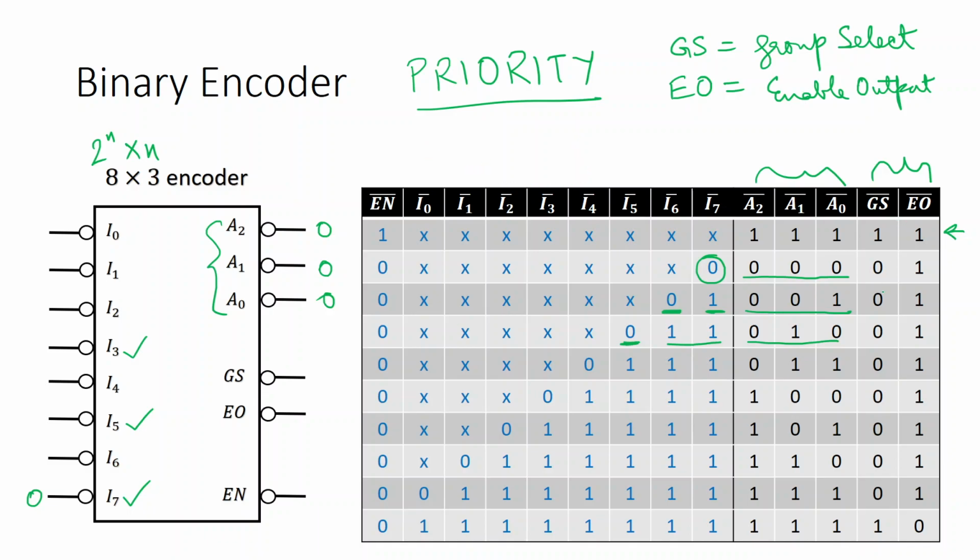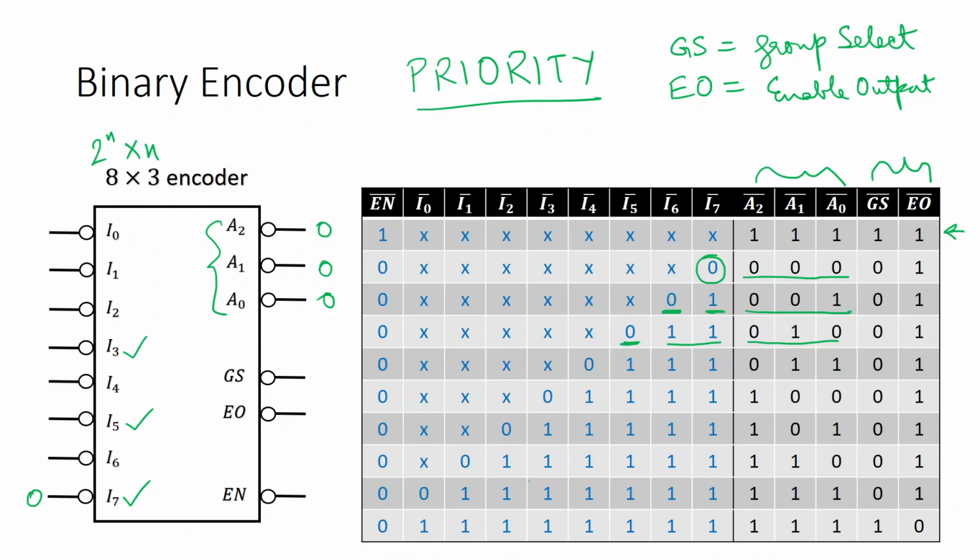Group select will be activated whenever any of the inputs is receiving an activation signal. That means at the GS bar output pin, you will see a 0 whenever any of these pins is getting activated. So you see this in all these rows till the last one.